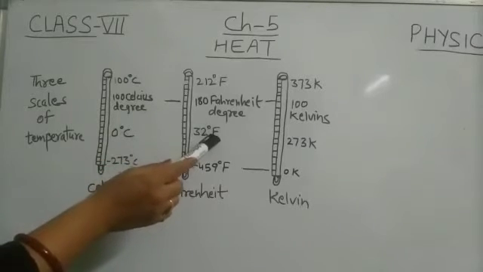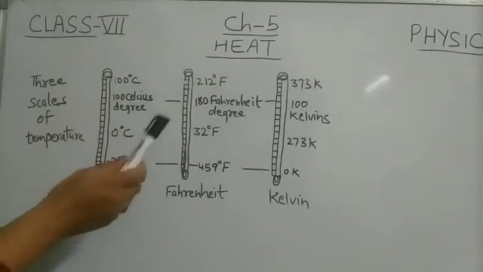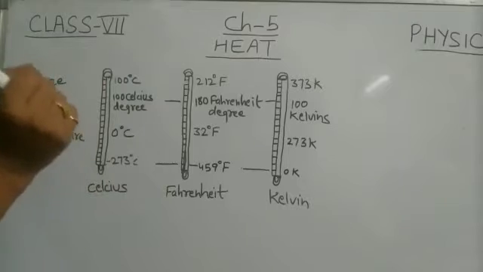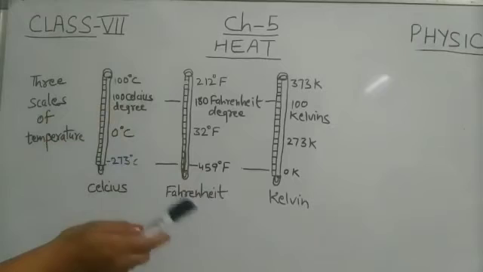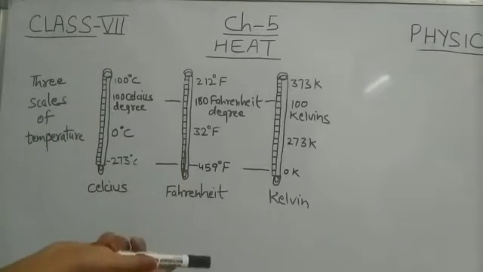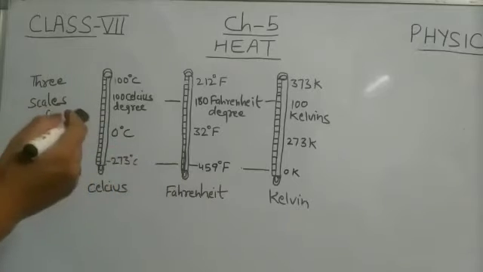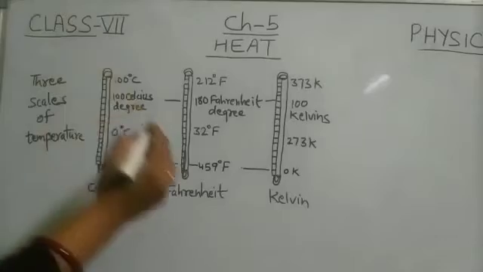Here F stands for Fahrenheit. Clinical thermometers are marked from 95 degree Fahrenheit to 100 degree Fahrenheit, and normal human body temperature on Fahrenheit scale is 98.4 degree Fahrenheit, which is equal to 37 degree Celsius.